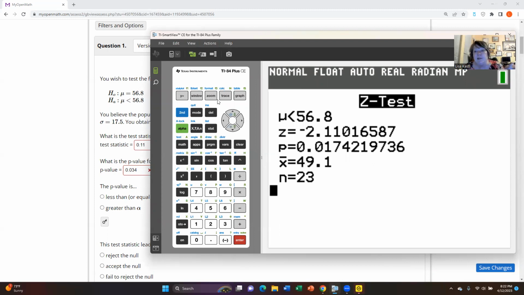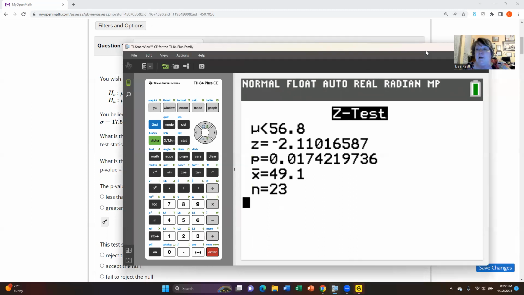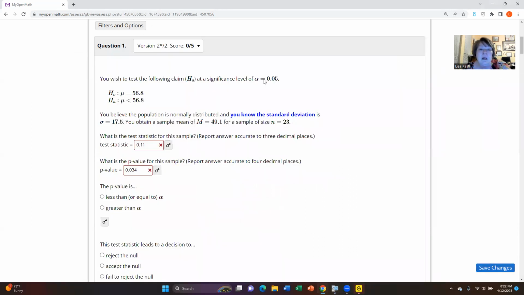But for discussion, let's call it 0.02. So let me minimize my calculator. And what's my level of significance? My level of significance is 0.05. So I compare alpha, my level of significance, to my p-value, which we got 0.02.